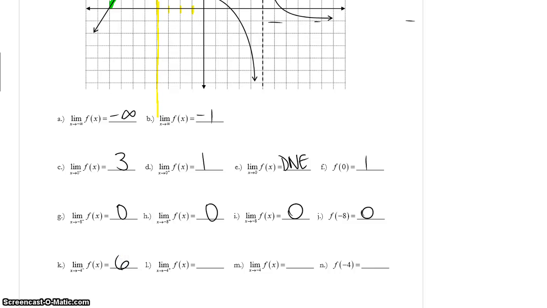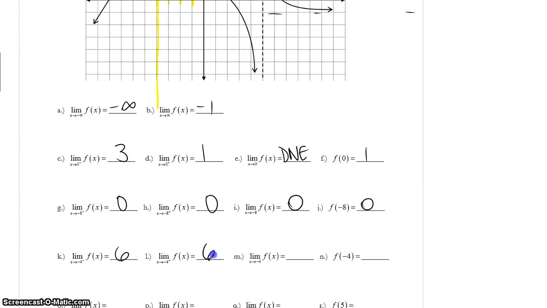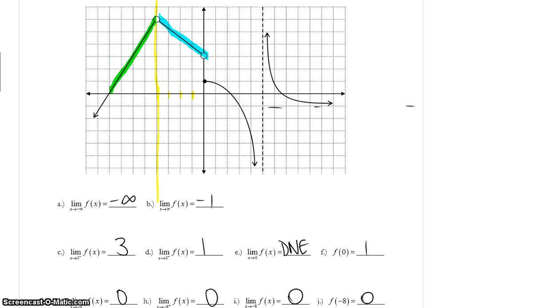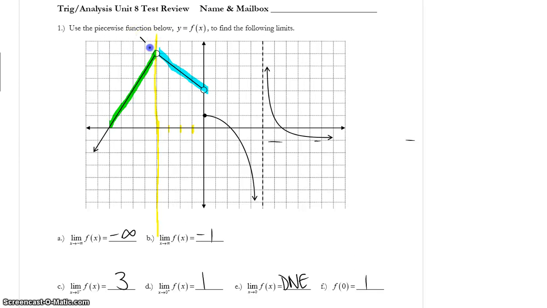And as it's approaching from the right side, you also get 6. And because my left-hand and right-hand limit are the same, the limit at negative 4 is 6. And f of negative 4 does not exist because of this open circle here.